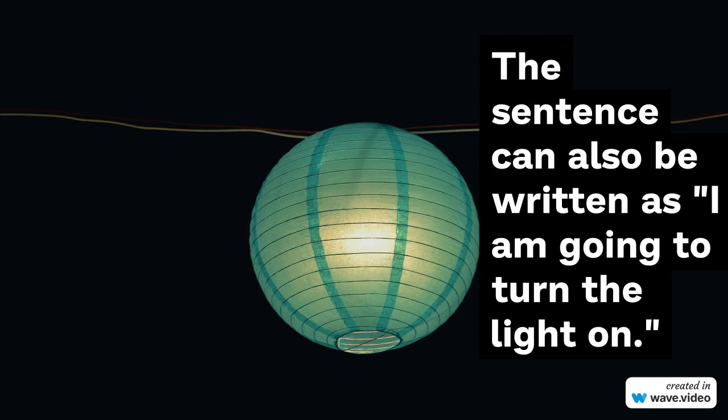In the first example, I am going to turn on the light, we have used the phrasal verb together, turn on. In the second example, I am going to turn the light on, we have put the object between turn and on. That is what is meant by separable.